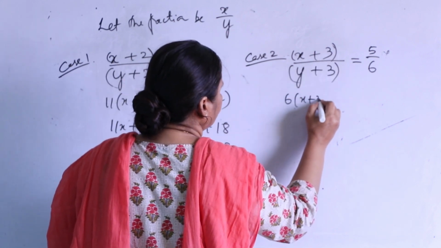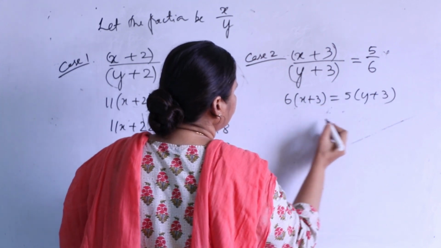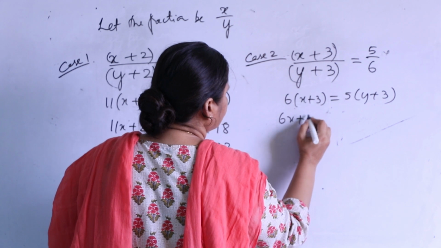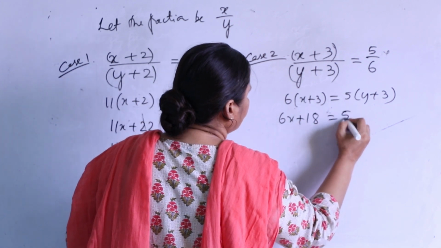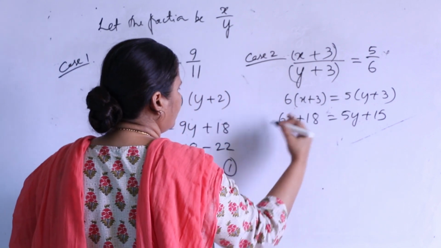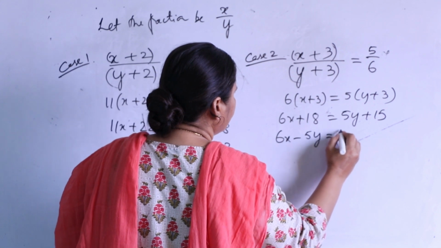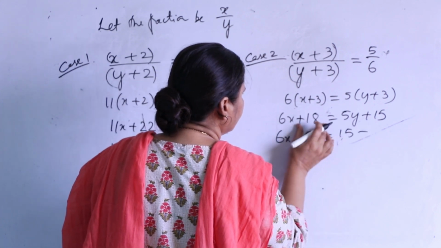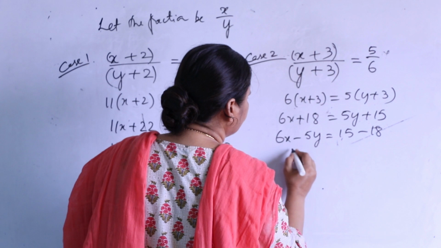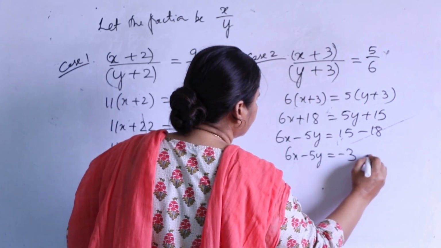6 times x plus 3 equals 5 times y plus 3. So we get 6x plus 18 equals 5y plus 15. As I told you before, transpose all the variables to one side. 6x minus 5y equals 15 minus 18, so it is minus 3.